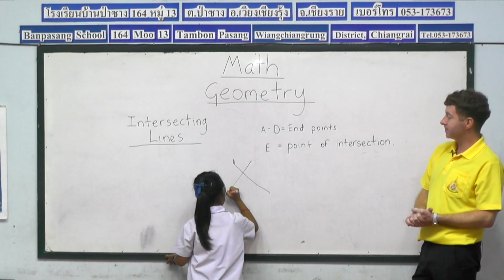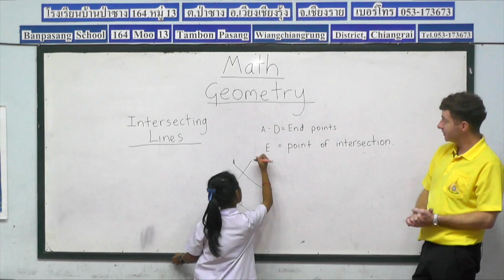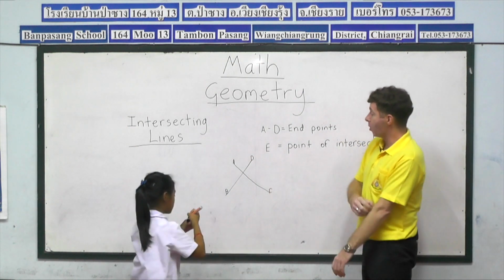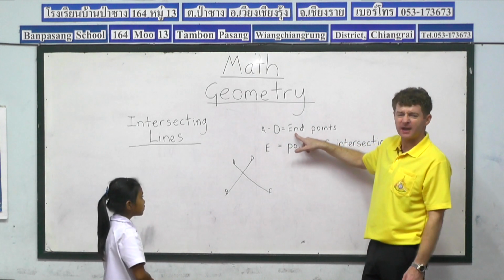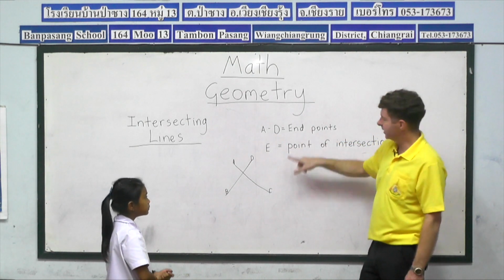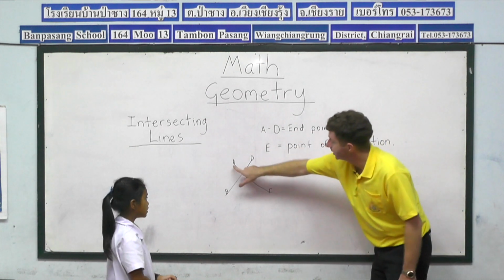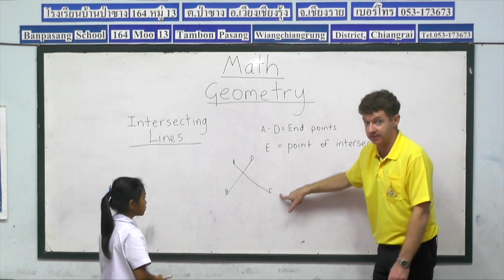A, C. Excellent. So we'll stop there for one moment because A to D, are they our point of intersection? No. These are what we call end points. You can see these points are at the end of the line.